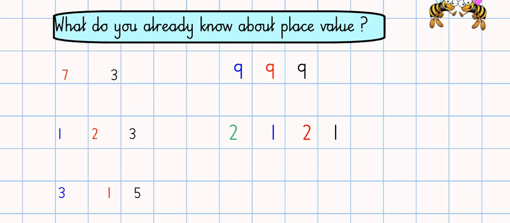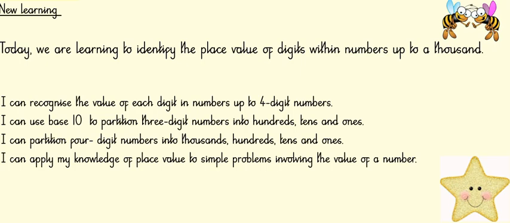The blue digit represents hundreds and the green digit represents thousands. If you identified that, brilliant. You could have identified that some digits made up a 2-digit number, some digits were put together to make up a 3-digit number, and some digits were put together to make up a 4-digit number. If you spotted that as well, well done.